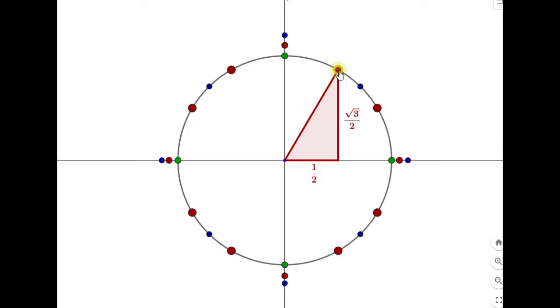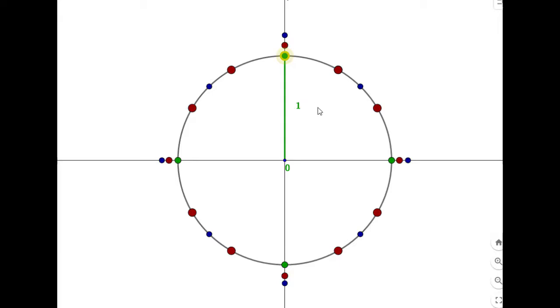Now let's look at some other non-common value. The rule of thumb here is that as you keep increasing the angle, before we hit 90 degrees, before we hit the pi over 2 angle, the length on the x-axis keeps getting shorter and shorter. And when we hit the pi over 2 angle, the x coordinate becomes 0, as you already knew.